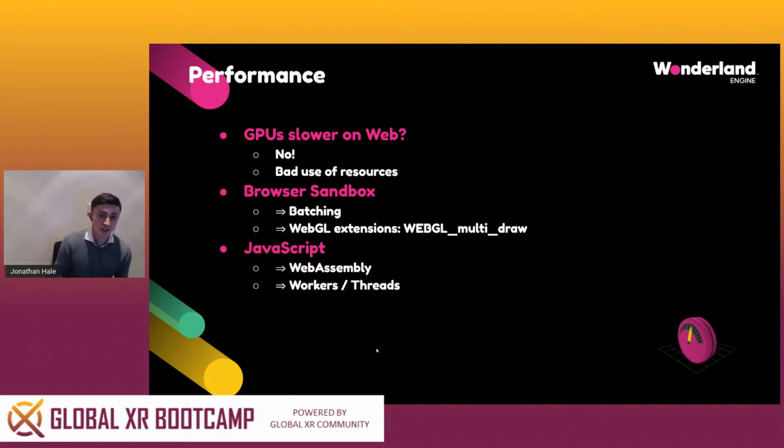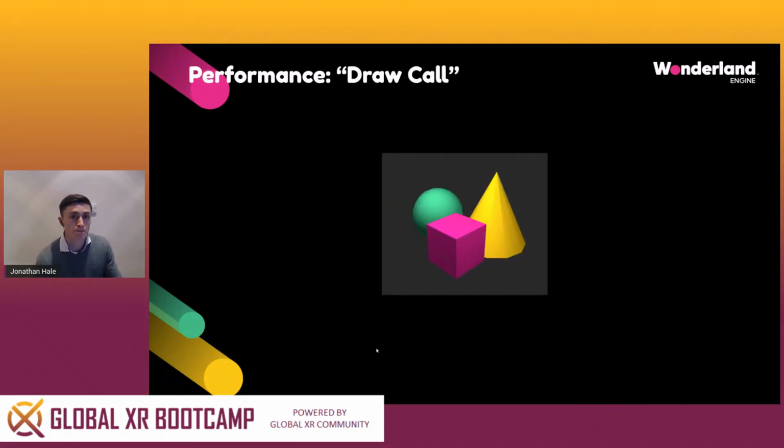And WebGL extensions like WebGL Multidraw help us implement batching. And I'm going to go into greater detail about batching in a second. The JavaScript performance issue, on the other hand, can be solved, for example, by using WebAssembly or by using workers and threads. Also, details in a minute.